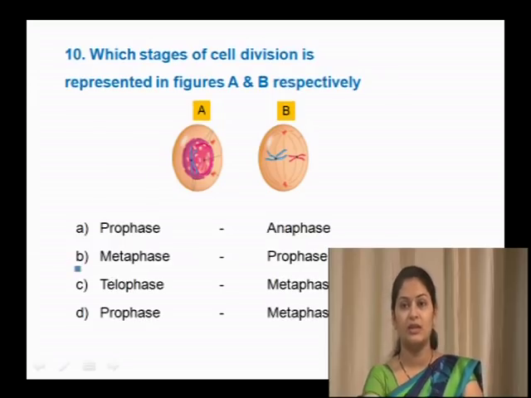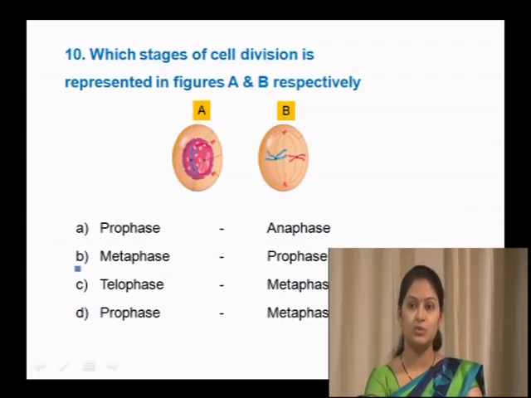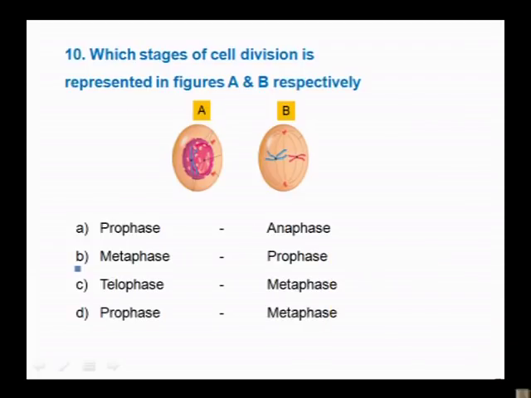Next question. This question represents two diagrams, and you have to identify those two cells respectively. What you can observe in diagram A is that it still has the nuclear structure, and the process of condensation of chromosomes has started occurring. Therefore, you can identify it as prophase. Exactly, late prophase stage is indicated.